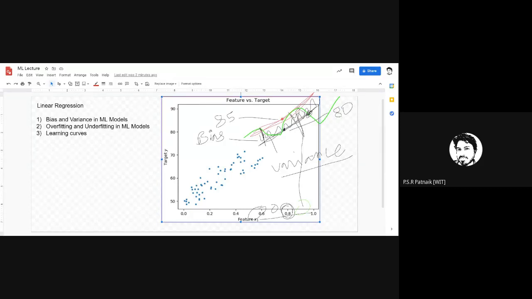Clear? So now I'll show you a small figure. Let me take this. Just a minute.